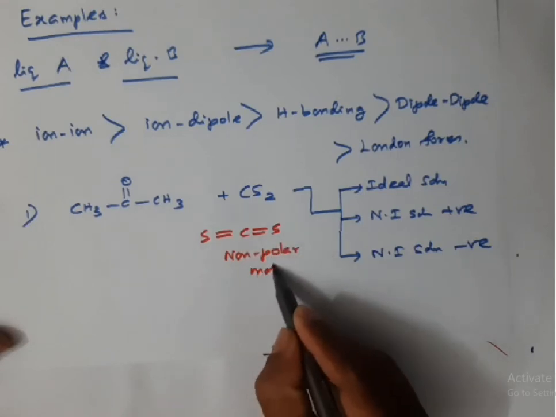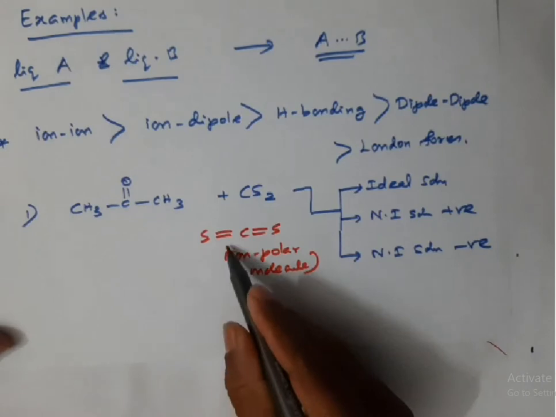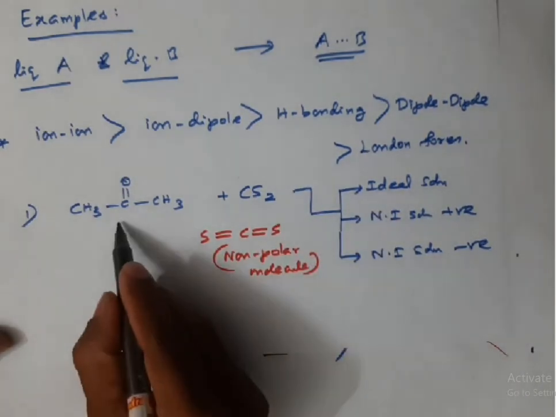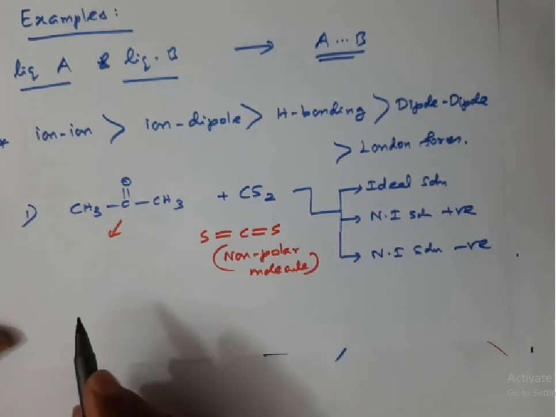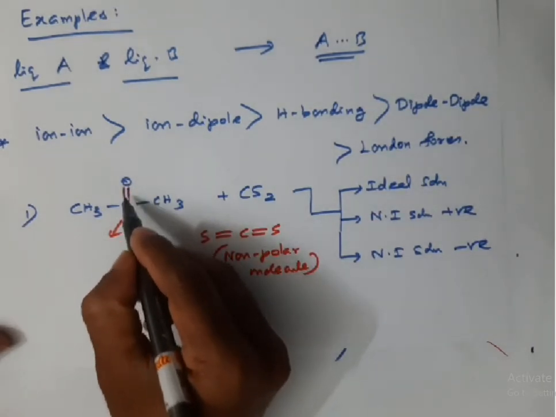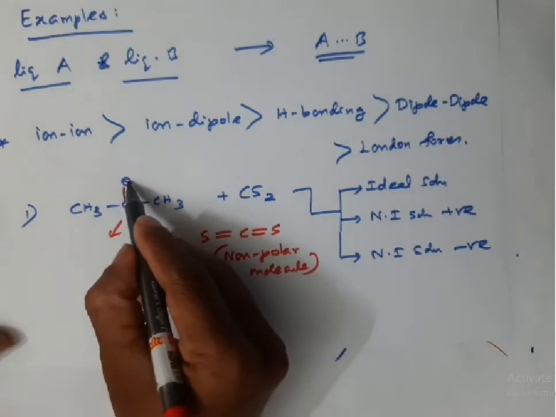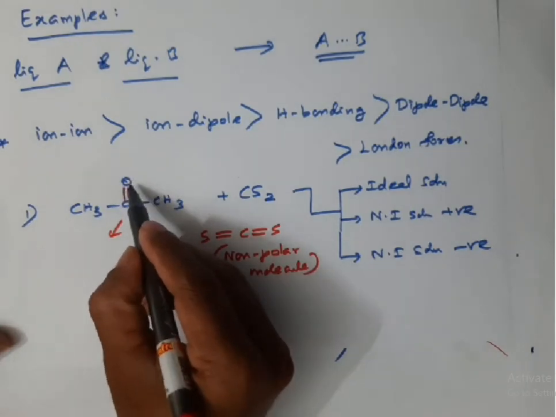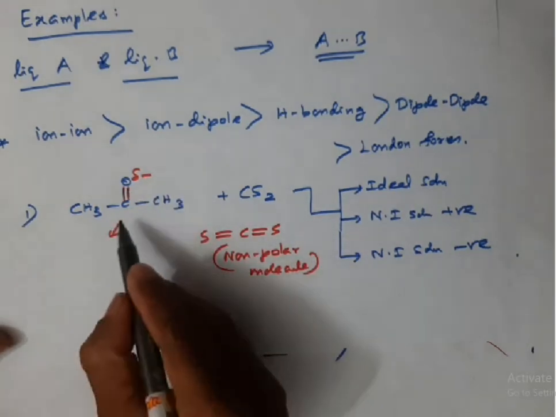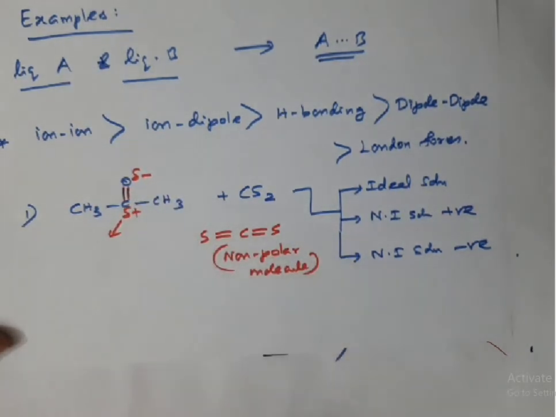Students, keep this in mind. Carbon disulfide is a non-polar molecule, whereas acetone, listen here, we have carbon oxygen double bond. Oxygen is more electronegative, therefore you will get partial negative charge on oxygen and partial positive charge on carbon.